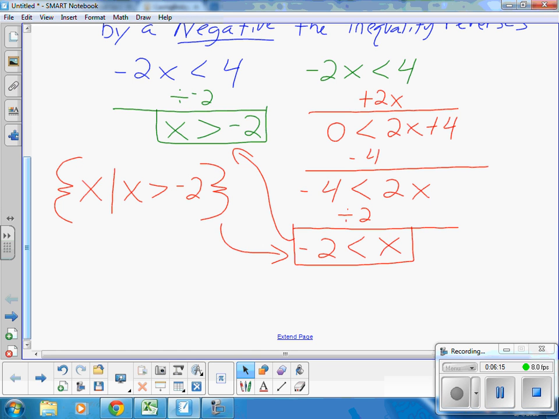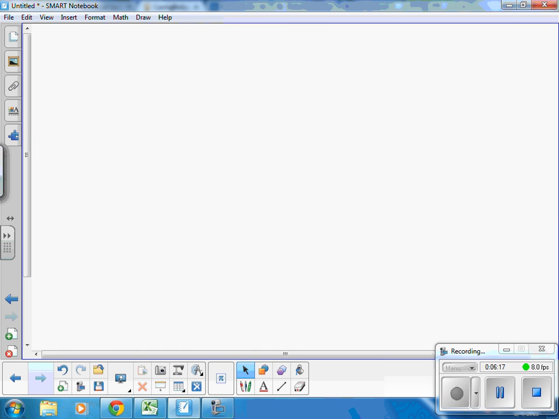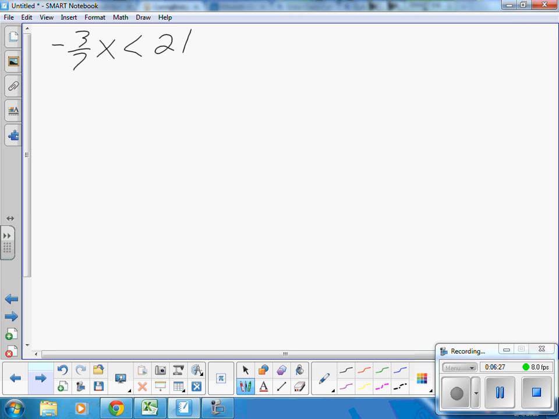Okay, so let's do an example. A negative 3/7 x is less than 21. I am going to multiply both sides by a negative 7/3. Remember to undo multiplying by 3/7, I'm going to multiply by 7/3.